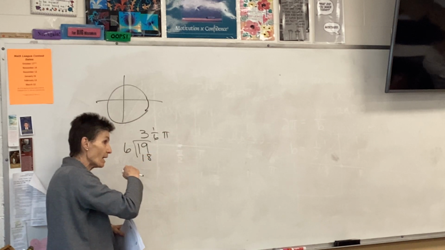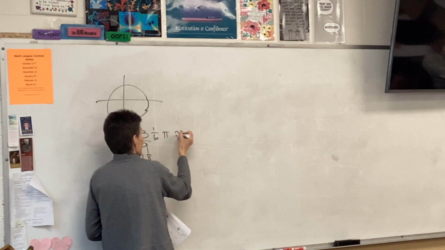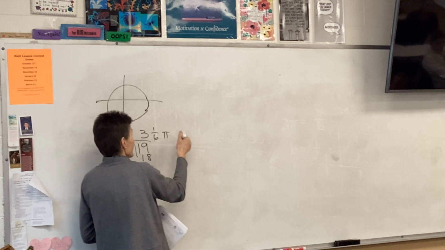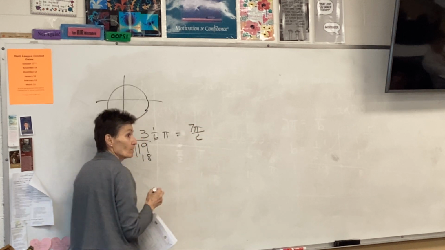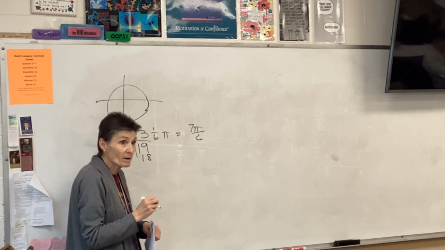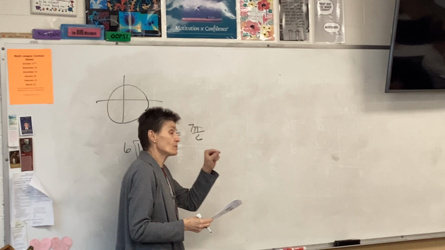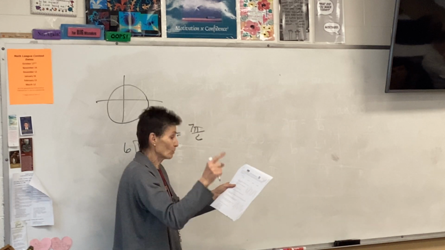And I can take out 2 of those. So isn't this the same as, and I'm using that loosely, it's not really the same as, but isn't it coterminal with 7 pi over 6? And what's the sine of 7 pi over 6? Negative 1/2. What this exercise is trying to get you to understand is problem number 3.